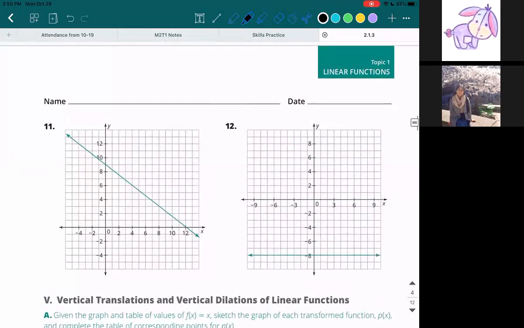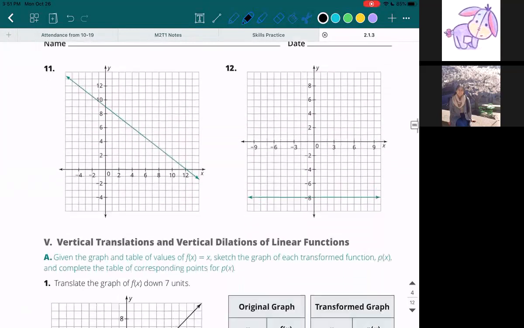Oh, so for these, I know you can't see the instructions because they were on last time's work, but in case you guys don't remember, for these you have to do y-intercept, x-intercept, slope, domain, range. So for 11 and 12, these are the things you need to find from the graph. So it's a little bit of a review from the last class, but I just want to remind you what the instructions are because you can't see them.